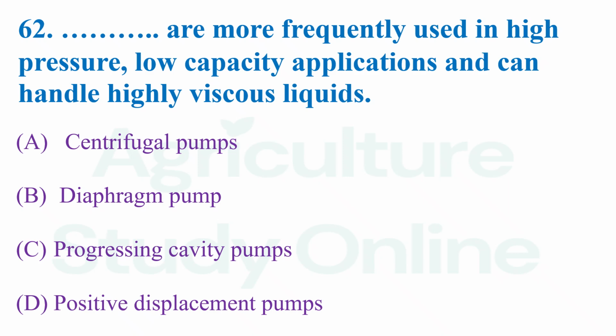Question number 62. Dash are more frequently used in high pressure, low capacity applications and can handle highly viscous fluids. So it is a concept of pumps which are used for high pressure and viscous fluids. First one, that is centrifugal pump. So it is suitable for low viscous fluids. So this is incorrect.